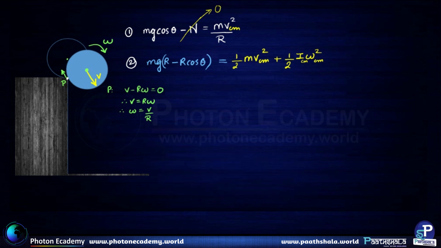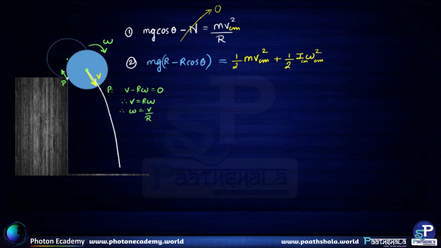As the object is falling down, the center of the object will just follow projectile motion, and the object will keep rotating at the constant angular velocity with which it was rotating.